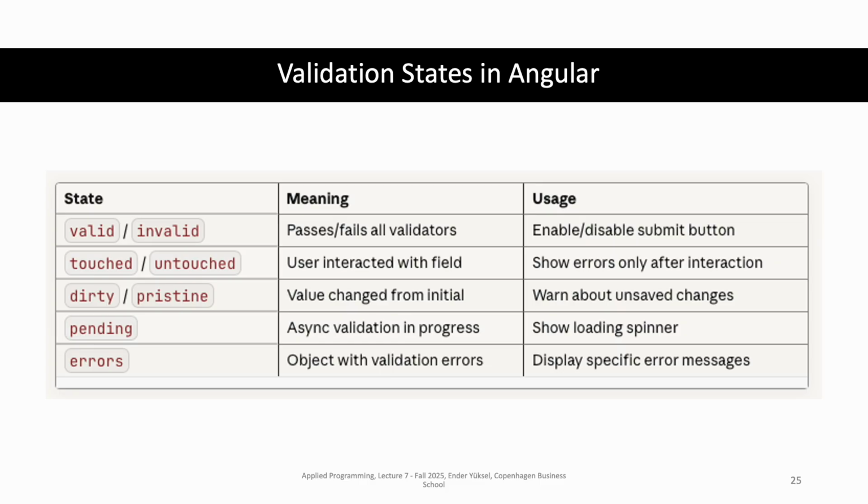We will see errors in the hands-on part. Let me quickly go through pending. Pending means asynchronous validation is in progress. Therefore, for example, we can show a waiting or loading spinner. Errors is an object with validation errors. The use of it is that we can display specific error messages.